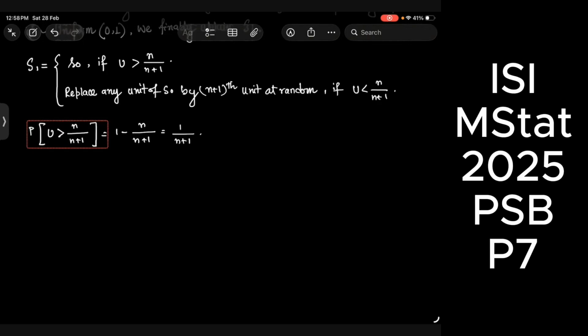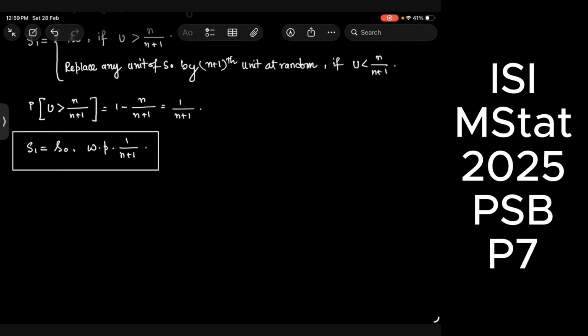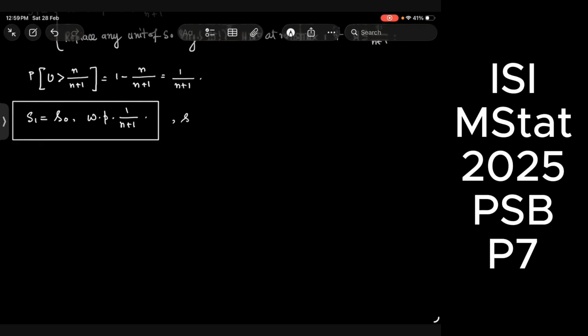So what is the probability of getting the first case? Right? So here S1 equal to S0.